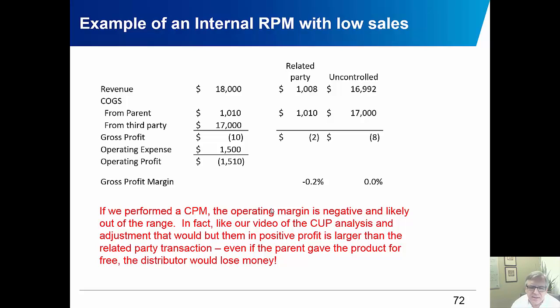We had done this same type of example for the CPM, where you can't adjust the COGS enough to make the CPM for the total P&L get into the range. But here, if you had the data from uncontrolled parties, you could easily show that your gross profits are negative for both situations. The fact that you're losing so much money really has nothing to do with the transfer price. It has everything to do with the decline in the market that lowered your revenues.